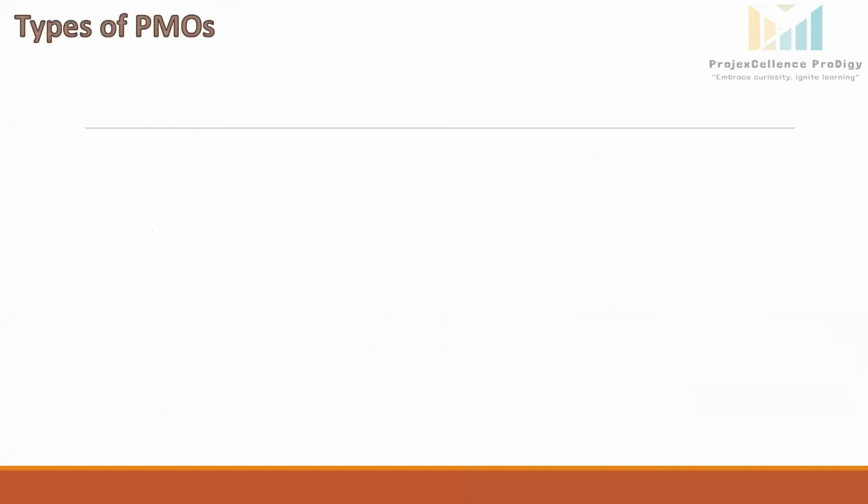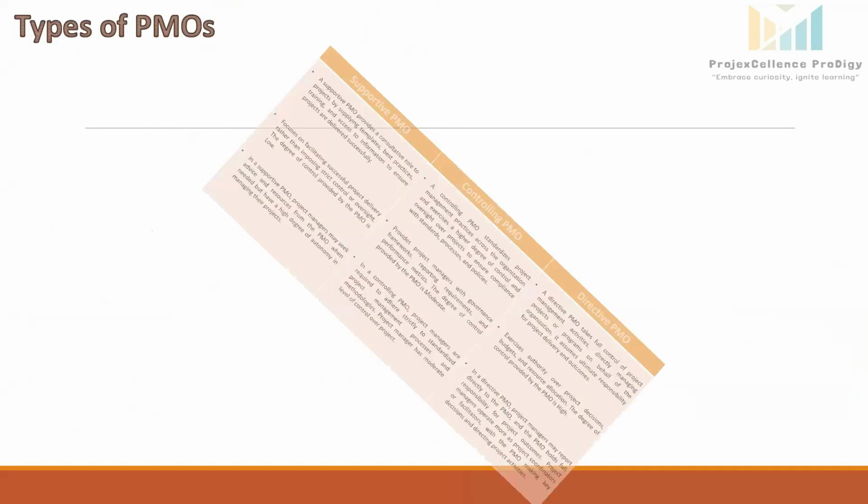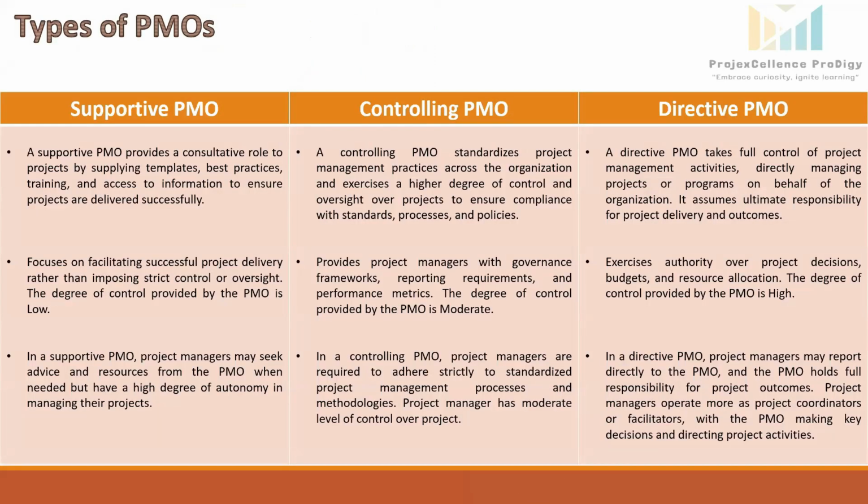Next topic is types of PMOs. So there are mainly three types of PMOs: supportive PMO, controlling PMO, and directive PMO. A supportive PMO provides a consultative role to projects by supplying templates, best practices, training, and access to information to ensure projects are delivered successfully.